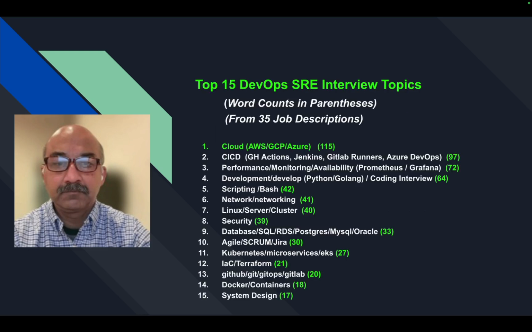So as you might know from my previous videos, I came up with the 15 most important topics based on 35 job descriptions on LinkedIn. These are the 15 topics. The ones at the top are more important than the ones at the bottom. However, the ones at the bottom are also not negligible, so you do have to spend some time on them. But if you're preparing for the interviews, I would spend more focused time on the first maybe 6 or 7 topics than the rest.